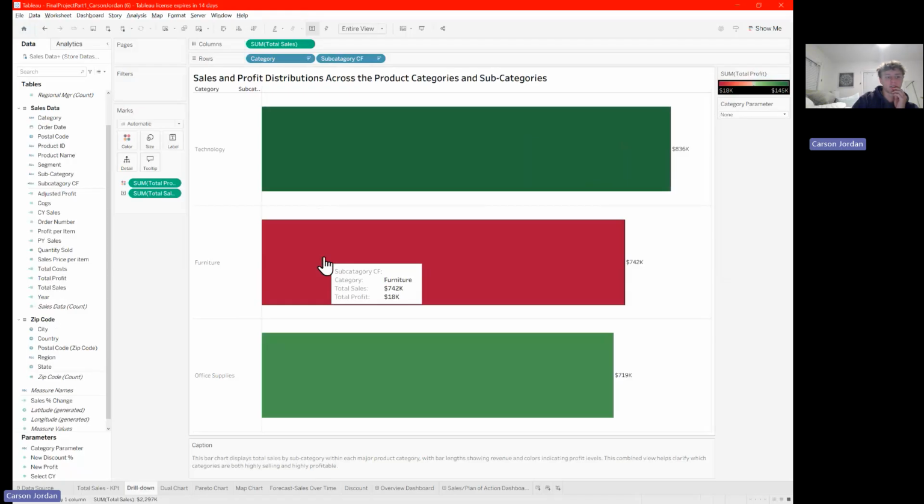The subcategories such as storage, binders, and office chairs perform strongly, while the smaller subcategories like labels and fasteners added very little value. This chart helped highlight which product lines deserve greater investment and which might need to be reevaluated instead. So let's go to the dual chart.